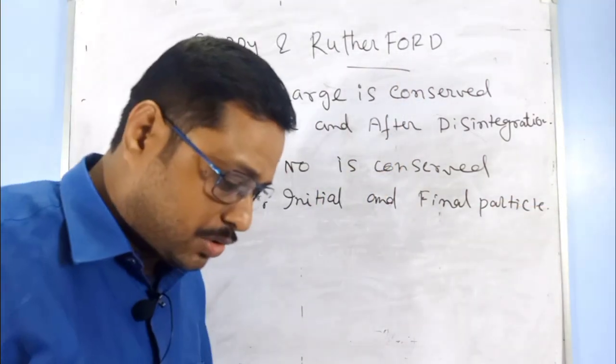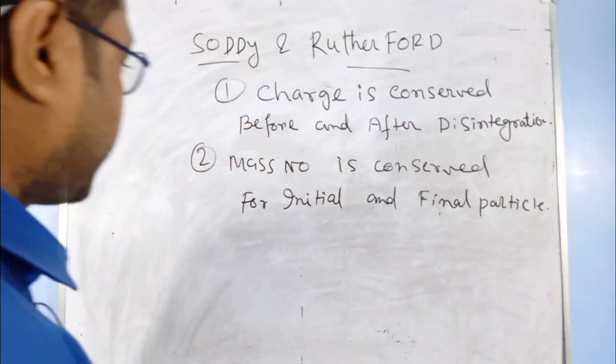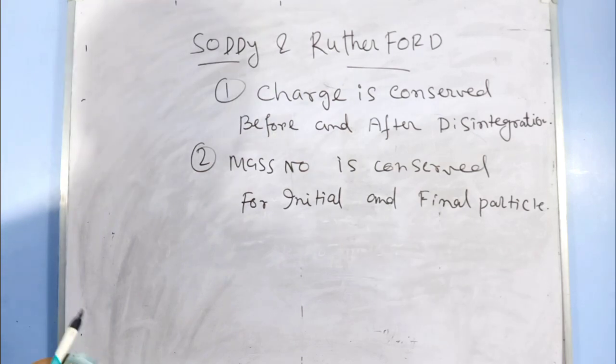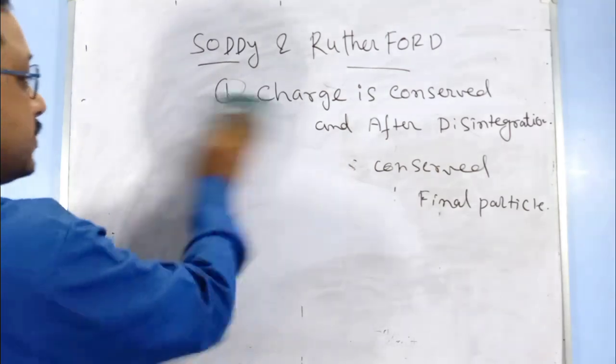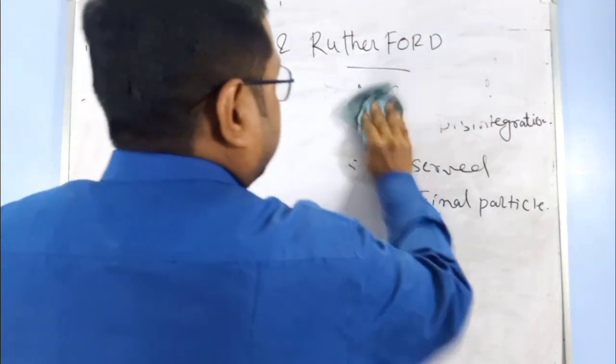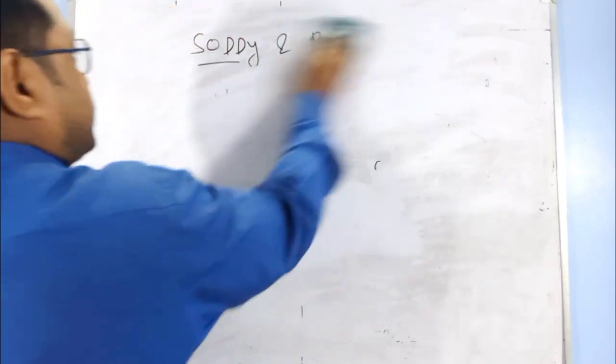On the basis of these two laws, Soddy and Fajans gave three very interesting laws related to alpha, beta and gamma particles.